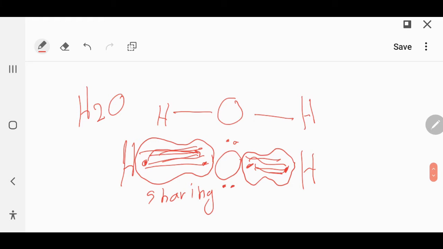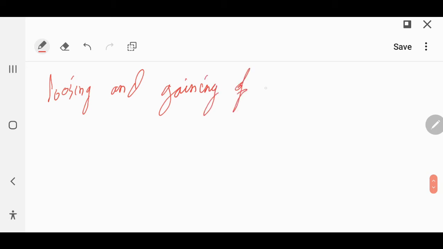The main differences that you have to know between ionic and covalent bonds: in the ionic bond we have losing and gaining of electrons, while in the covalent bond we have sharing of electrons.